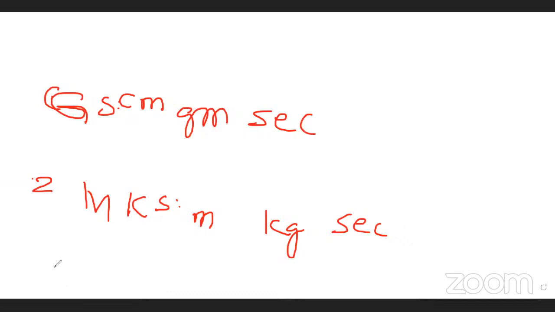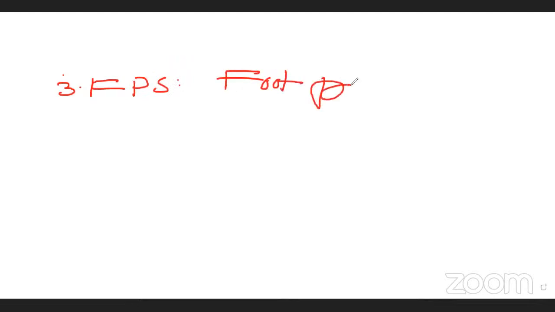And the third one is the FPS system. In the FPS system, length is measured in foot, mass is measured in pound, and time is measured in seconds.